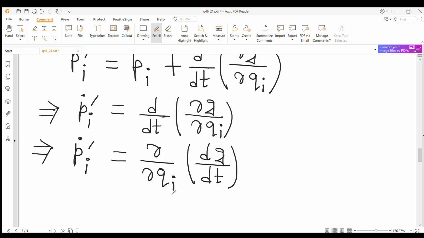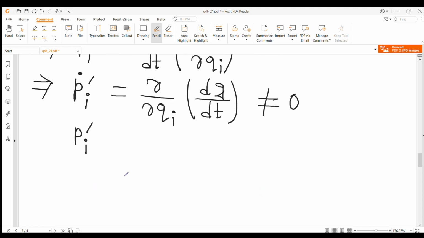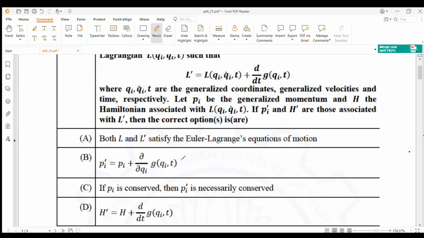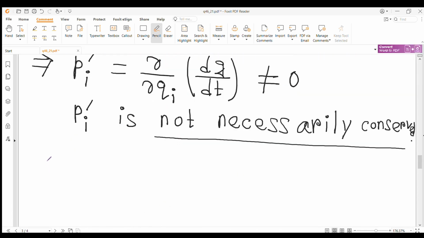So ∂/∂q of dg/dt is not necessarily 0. So p prime dot is not necessarily 0. This means p prime is not necessarily conserved. This means option C is not correct.